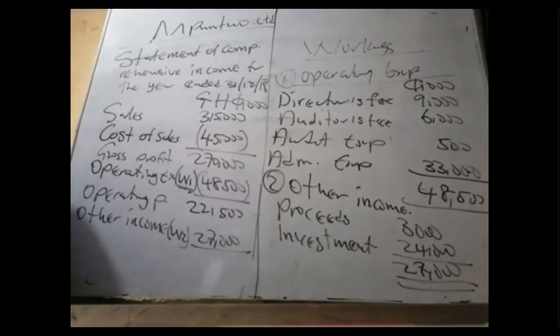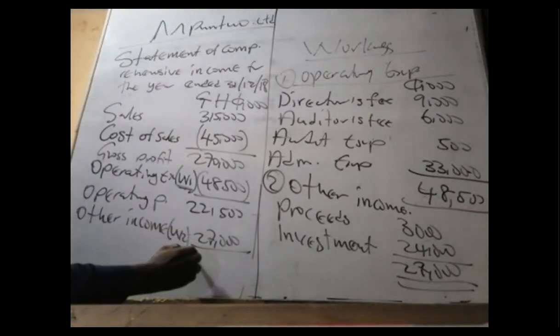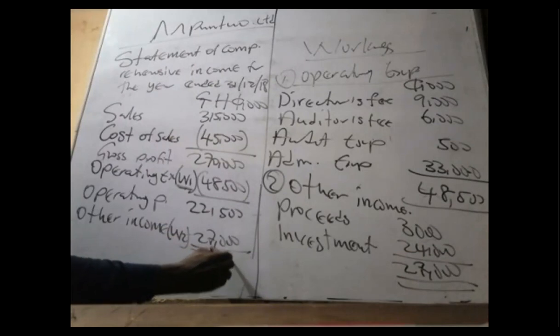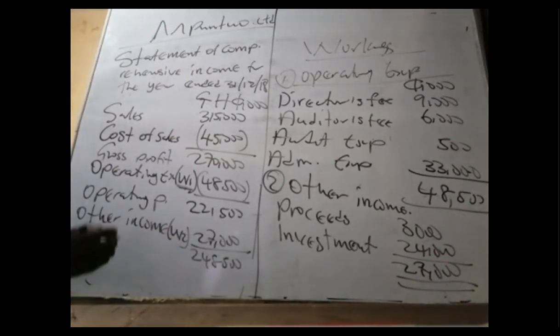You sum it up, get a nice answer, and you call it profit before interest and tax. So you get 248,500.